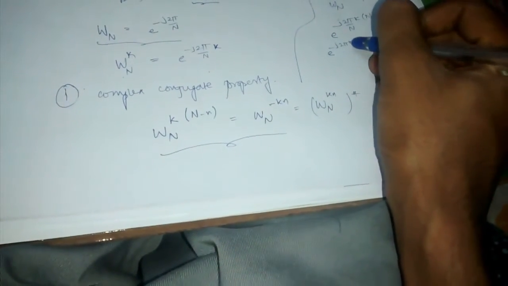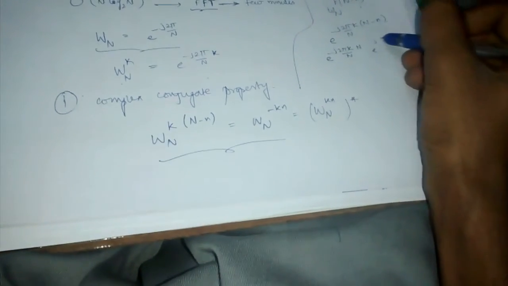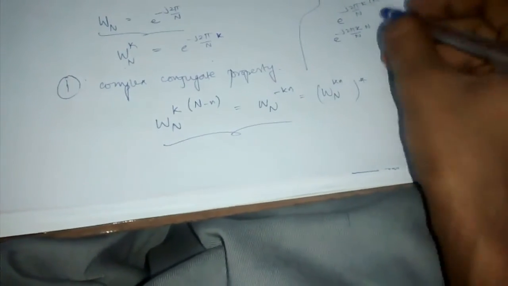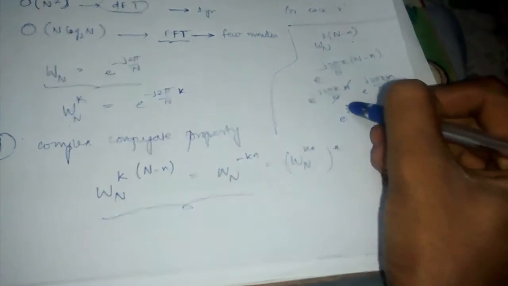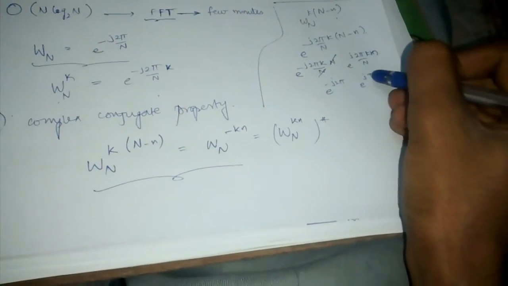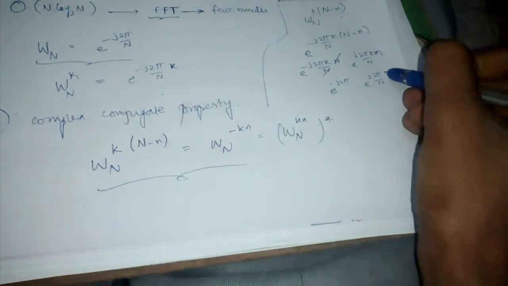Now split it: e power minus j 2 pi k N by N into e power j 2 pi by N kn. N and N get cancelled, and here we get e power minus j 2 pi k, into e power j 2 pi by N kn.